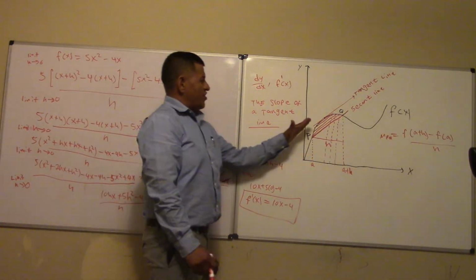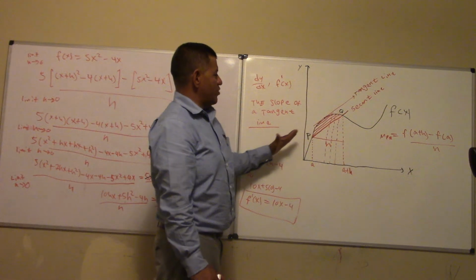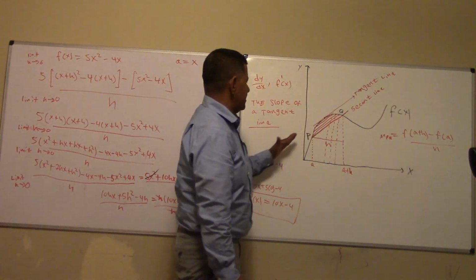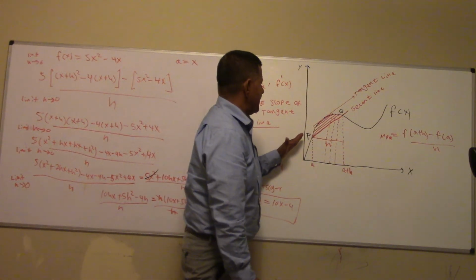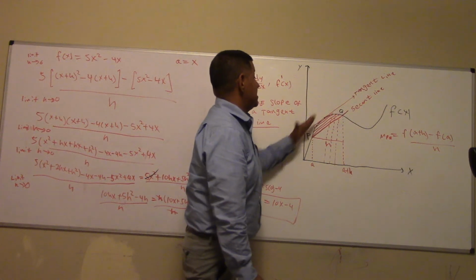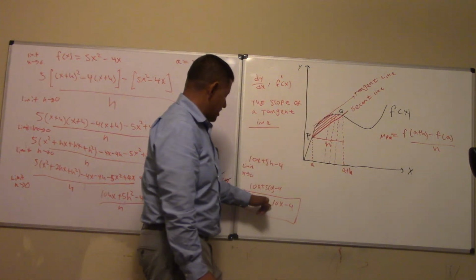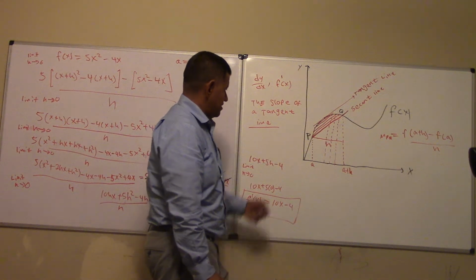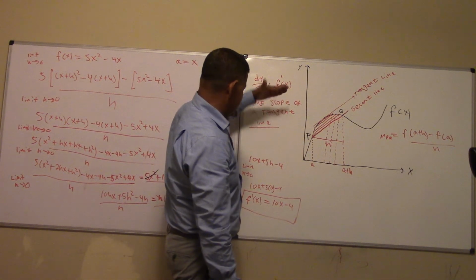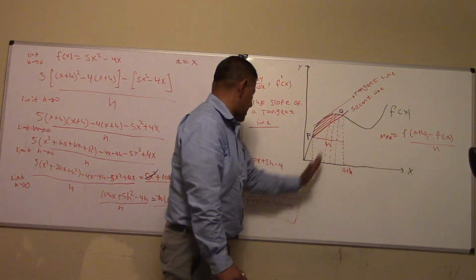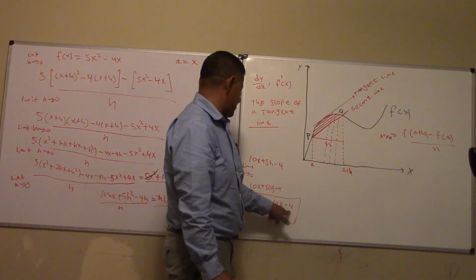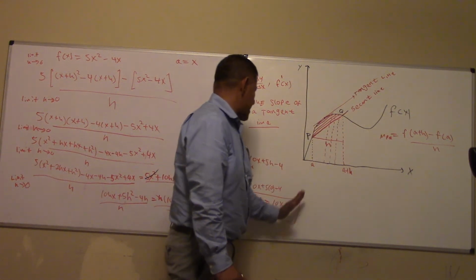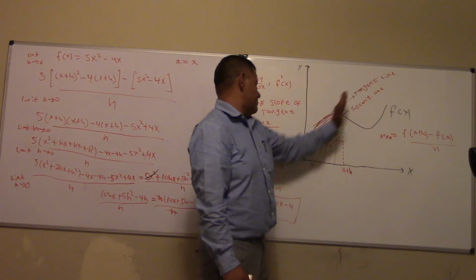But we're dealing with curves, right? So that's why we call it the tangent line. In this case, you have a positive slope, right? Here, you also have a positive slope. Why? Because it's a positive 10x, right? That might just be crossing like this. It's crossing negative 4 on the y-axis, so it will look like that, right? But it's still positive.